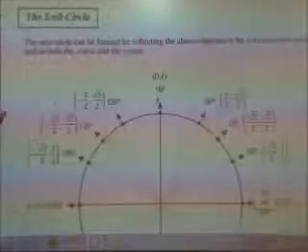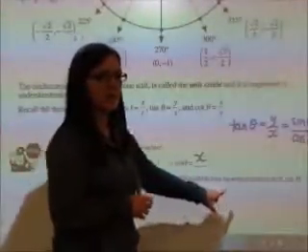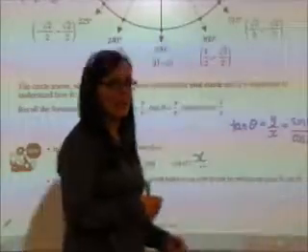What do I know about all of the points on the unit circle? Every point on the unit circle has the coordinates x and y, which can be written as cos theta, sine theta.